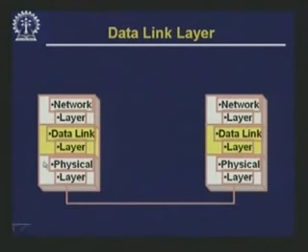So, this is one node and this is another node. Above this, of course, there may be other layers, but we are not concerned about these upper layers at the moment. The data link layer gets some data to be sent from the network layer, and sends it to the next data link layer. Remember once again that the network layer is concerned with transfer of data across the network.